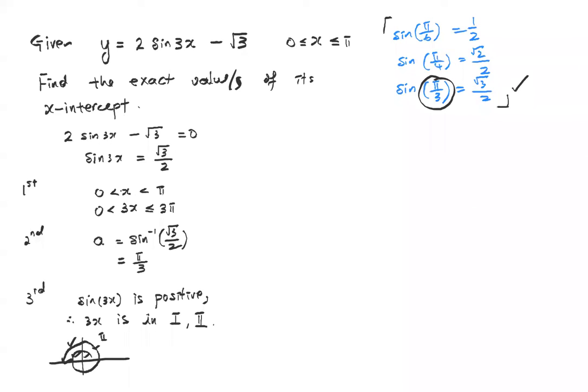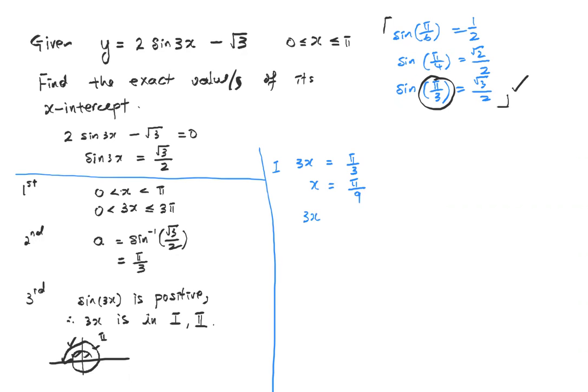So now I start to work. So all this you don't have to write for the examiner to see. It's in your mind. So now I start to solve. 3x, first quadrant, is equal to the acute angle. So my x is equal to pi by 9. 3x is equal to 2 pi plus the acute angle, second round.